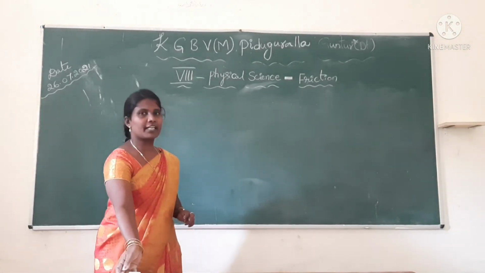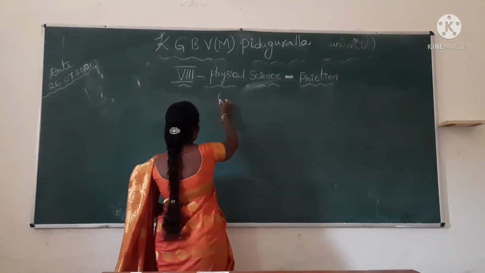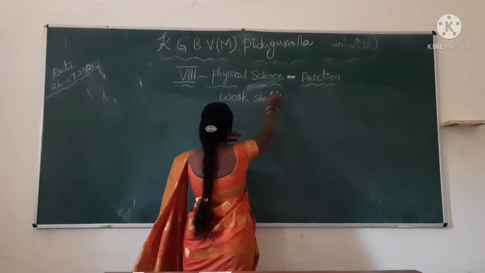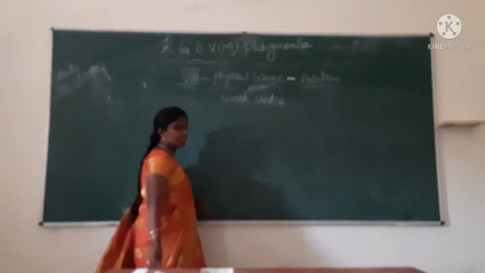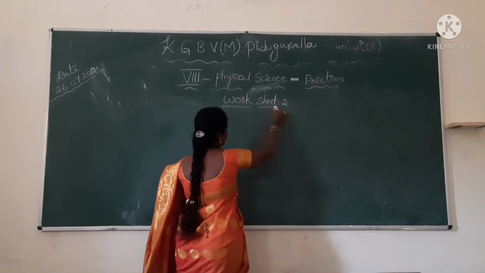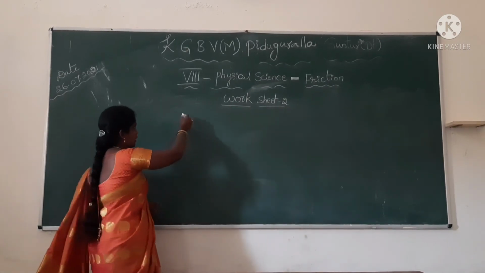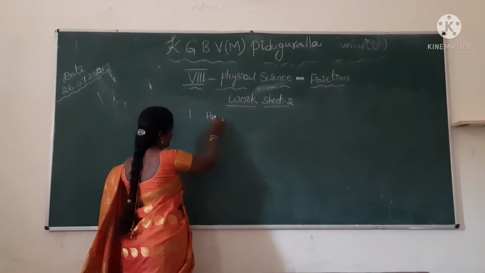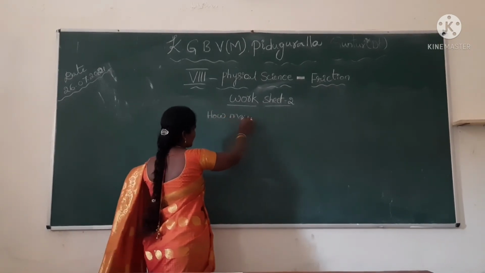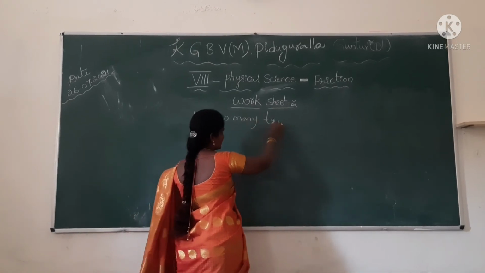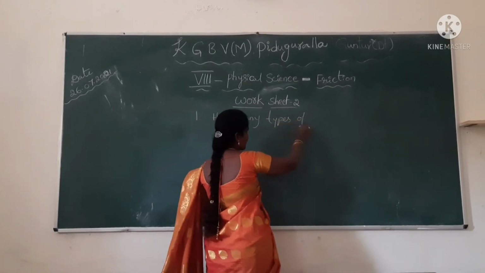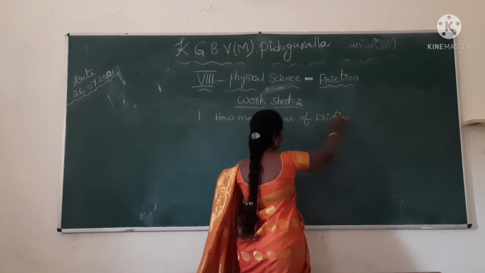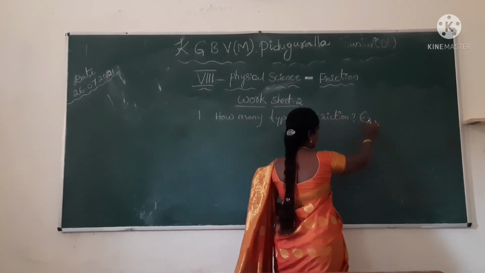All of you keep the heading Worksheet 2. Worksheet 2. What is the first one? How many types of friction? Explain.